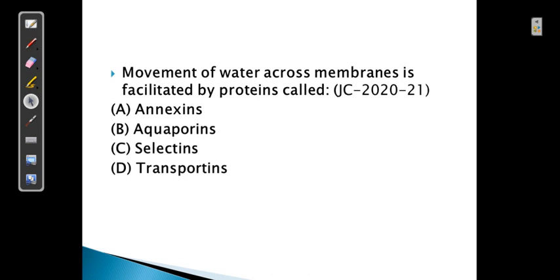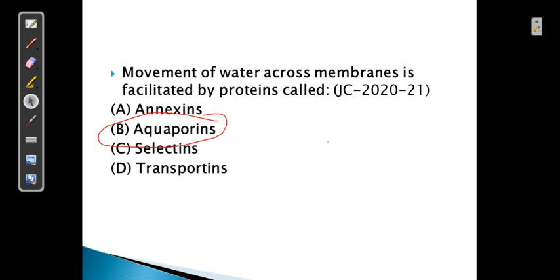So we have seen in the very first slide of the discussion and the second slide in the diagram also, that there are aquaporins which transport the drug molecule along with the water. So the answer of this question is aquaporins.